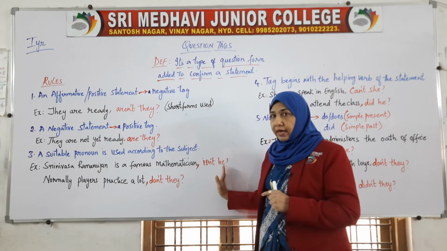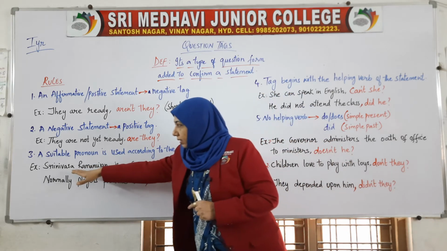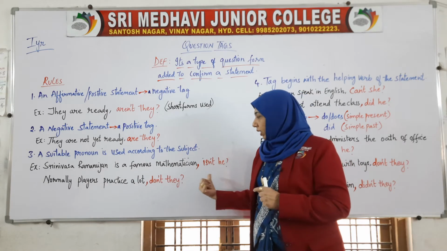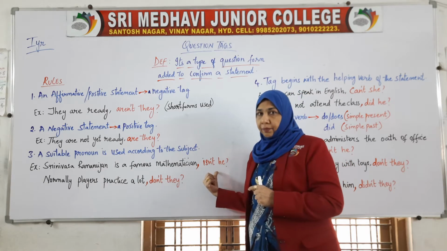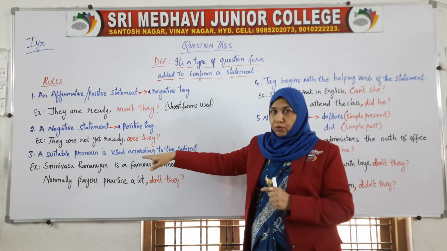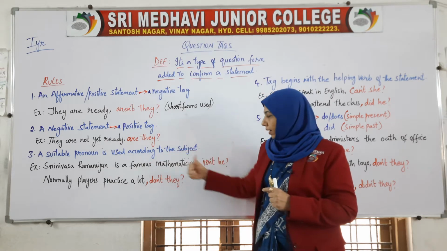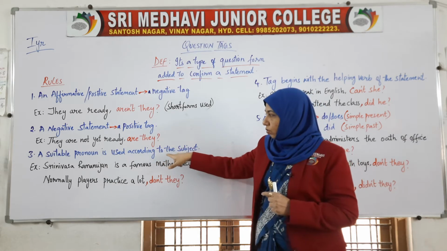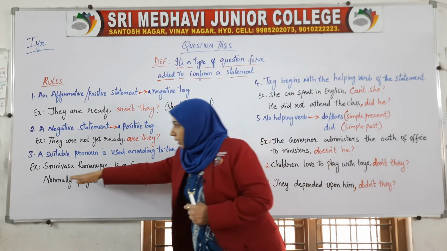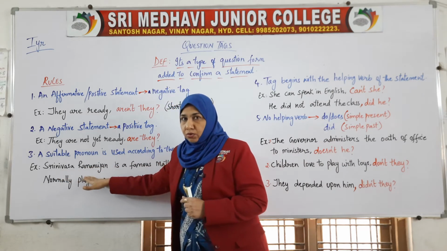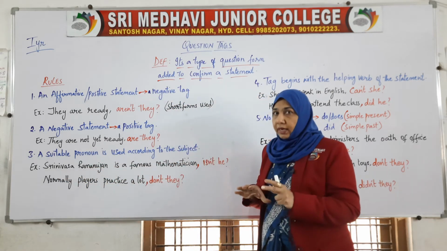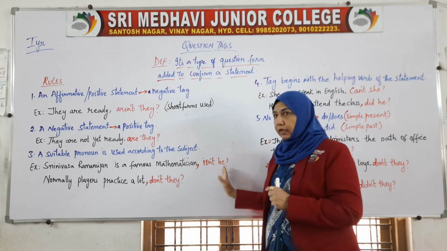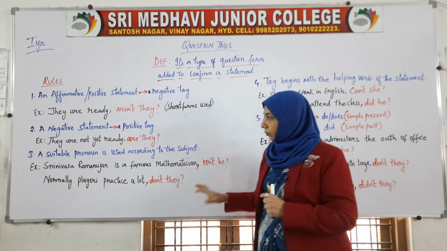Why are we adding "he" here? Because we know that Srinivasa Ramanujan was a male. If any lady's name or female name would be there, we would have to take "she." That's what "a suitable pronoun is used according to the subject" means. Here the subject is Srinivasa Ramanujan, and according to the subject we are taking the pronoun.